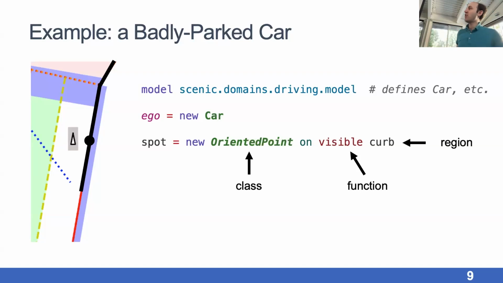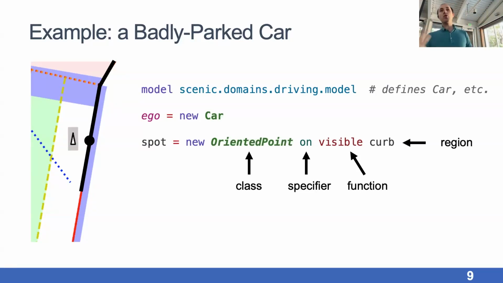And now we are instantiating an instance of the class oriented point. That's a built-in class in Scenic that represents a point in space with an orientation associated with it. So here we're creating an oriented point using what's called a specifier. So in Scenic, the way you create objects is with this new keyword that you see there, and then a list of specifiers.